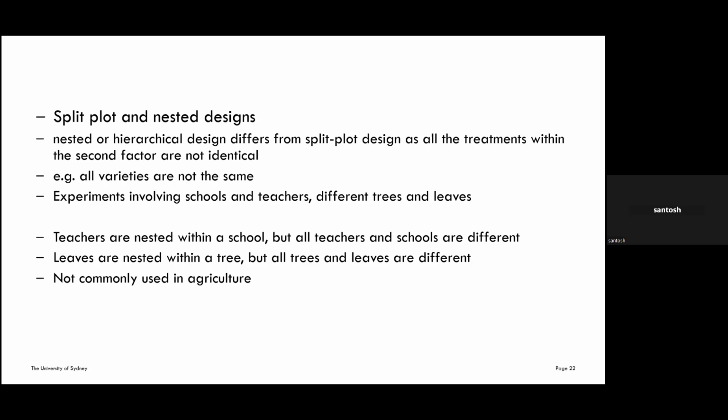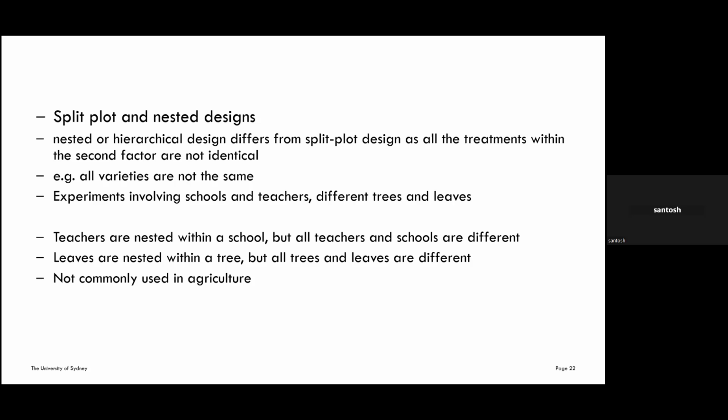So if somebody wants to test the performance of different leaves on different trees, the leaves and the trees are different things, because you are not testing the same thing all the time.